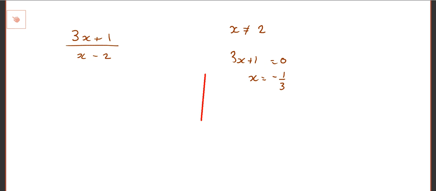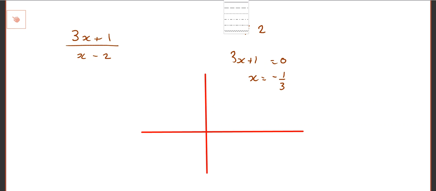So if I were to do a little sketch now, I know that my vertical asymptote is at 2, and I know it crosses the axis at negative 1/3. Okay. Fine with that? Now the question is, what's the horizontal asymptote?